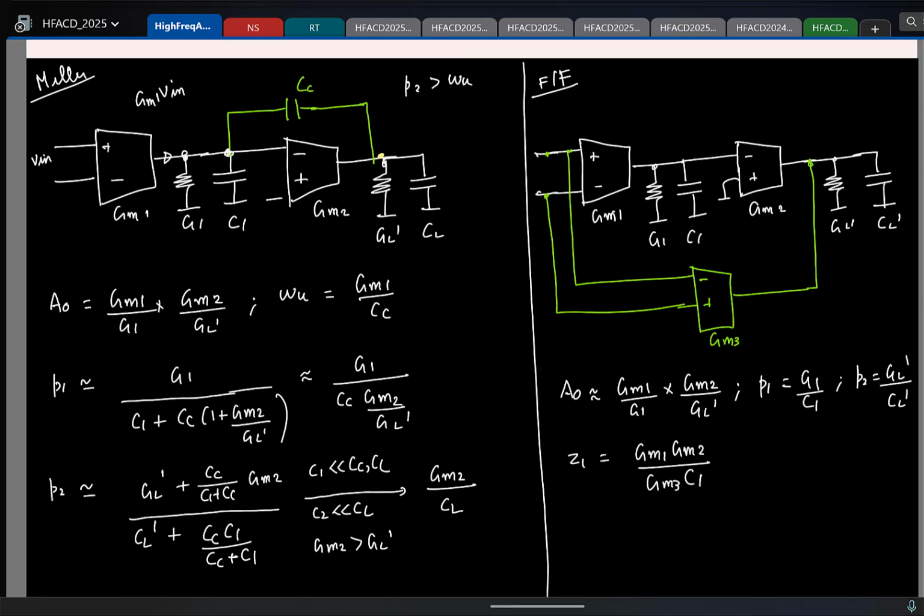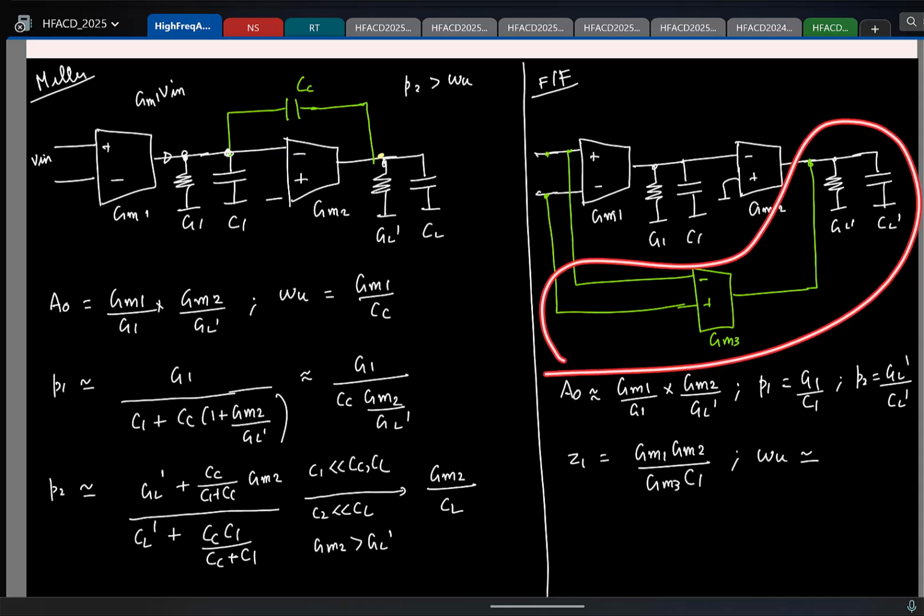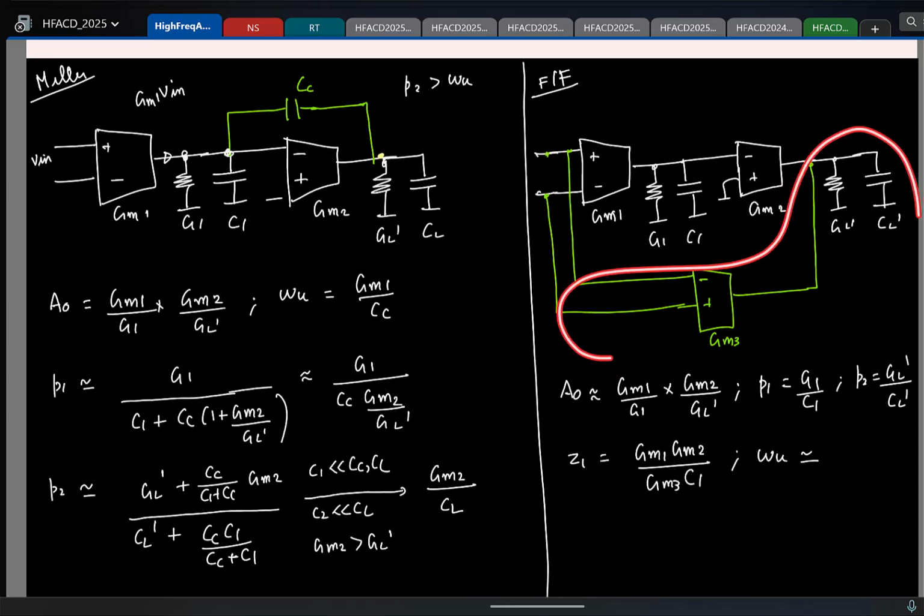And what about the unity gain frequency here? Again remember the unity gain frequency is characterizing the speed of your system. So the speed of the system is dictated by the slow path or the fast path. So in the fast path you just have a single stage OTA. For a single stage OTA, what is the omega u?